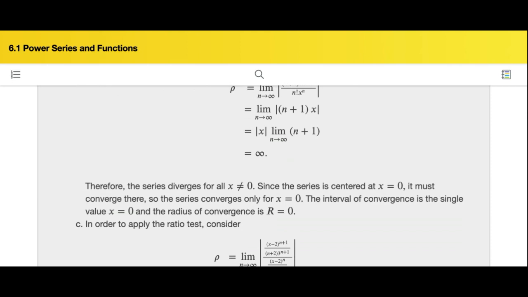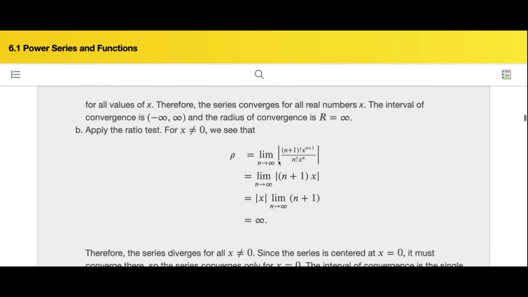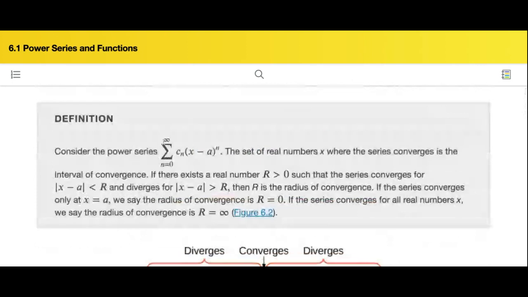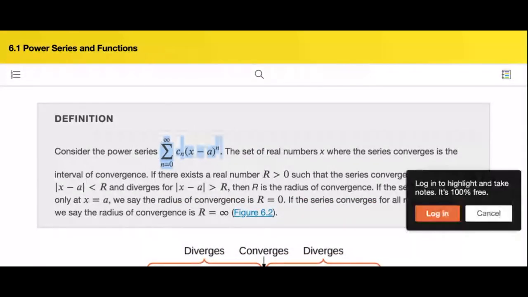Can you quickly go over again how we know what the value of the series is centered at? Oh, okay. Let's try to remember the power series standard form like this: Cn times x minus a raised to n.